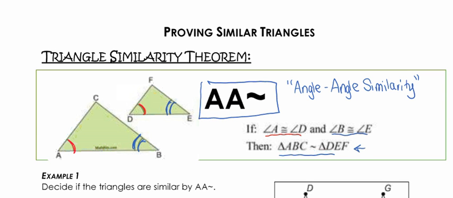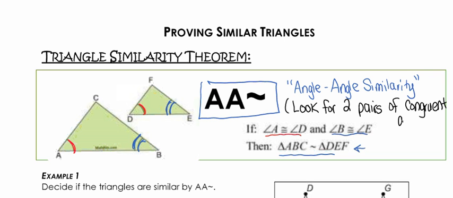Do they have two pairs of congruent angles? If that's a yes, then the triangles are similar. If it's a no, then they're not. That's the test.